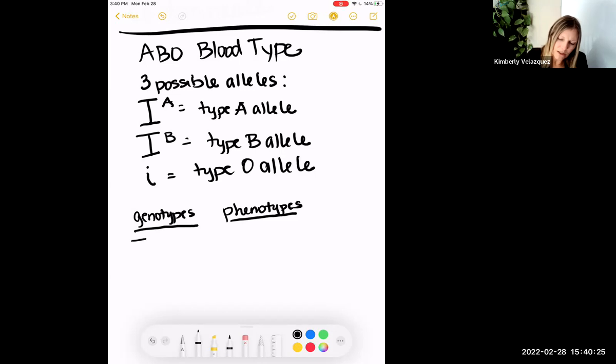A person can get 2 of the type A allele, one from mom, one from dad. We would say that this individual is homozygous, meaning they have 2 of the same allele. They are homozygous type A, but their outcome is that they have type A blood.